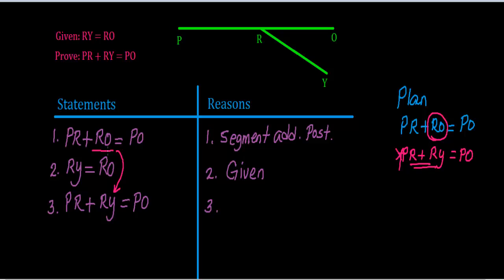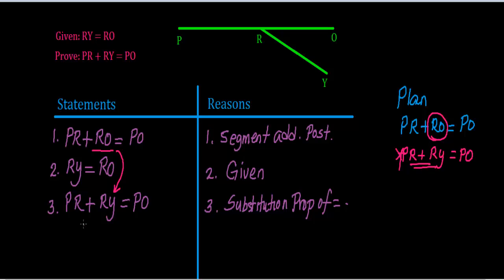What validates this substitution? Well, I'm going to state that the substitution property of equality lets me substitute RY for RO. And there it is. I'm done because I've reached the proof statement that they wanted me to reach.